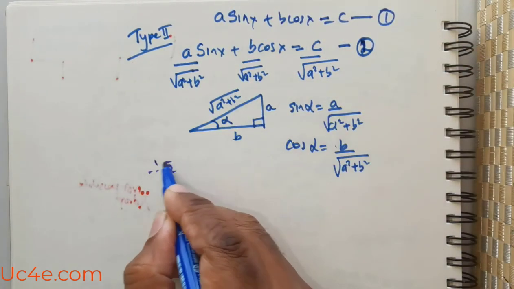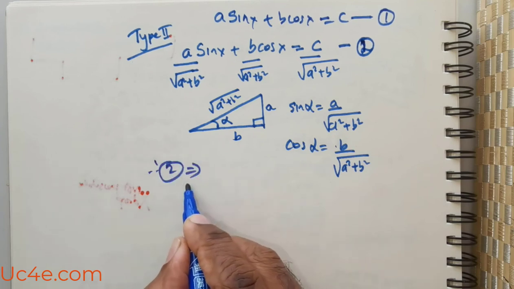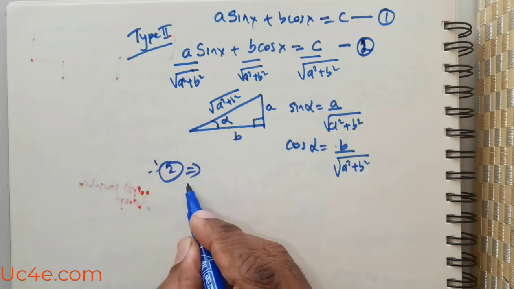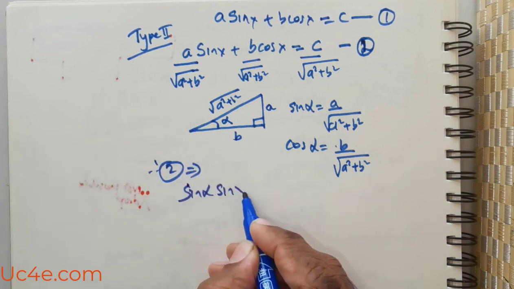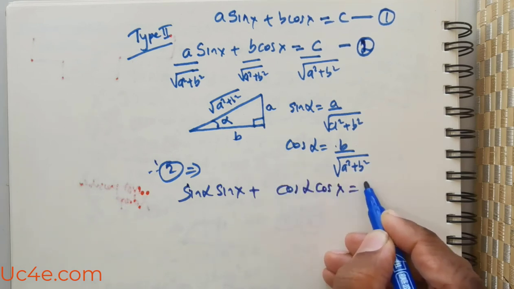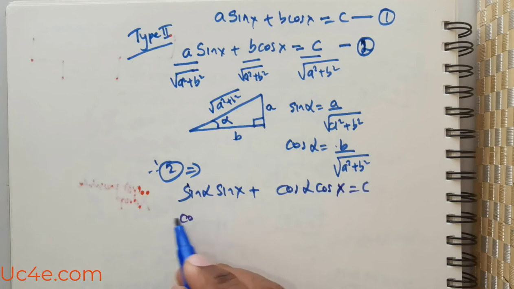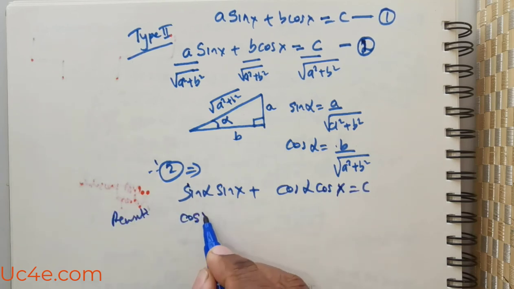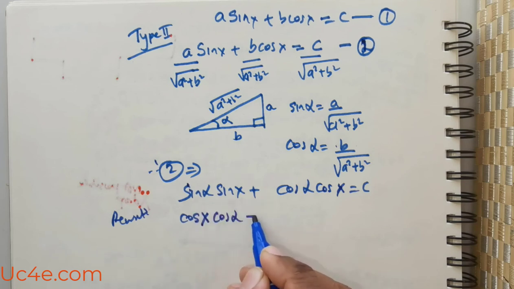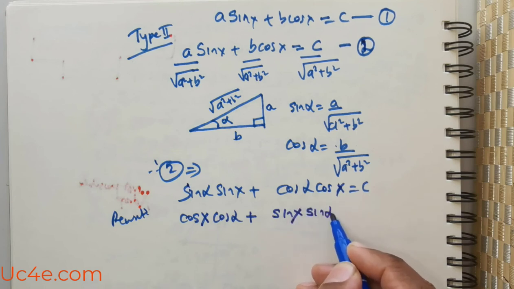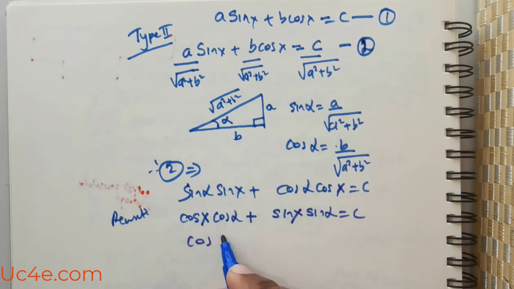Therefore I can rewrite 2 as a over root of a squared plus b squared, that's nothing but sine alpha times sine x plus cos alpha times cos x is equal to c, which I can rewrite as cos x cos alpha plus sine x sine alpha is equal to c, which is nothing but cos of x minus alpha is equal to c.